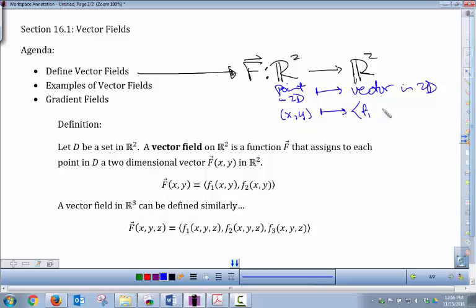So we think about that as some function that takes in the x and y values that you have for your input. And then, well, there's 2 slots, so we probably should be looking at identifying 2 functions that take in that point x, y.